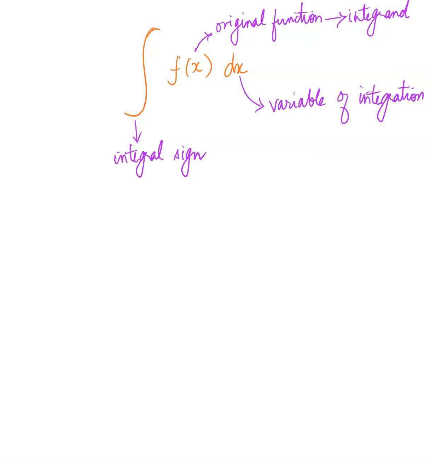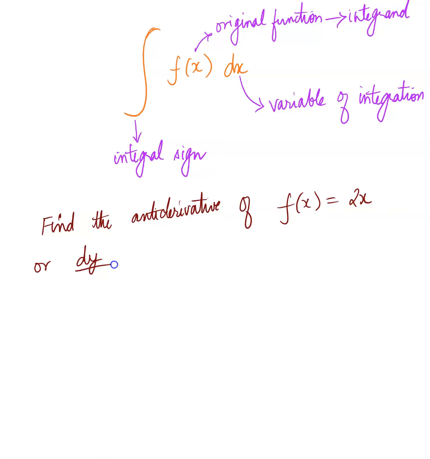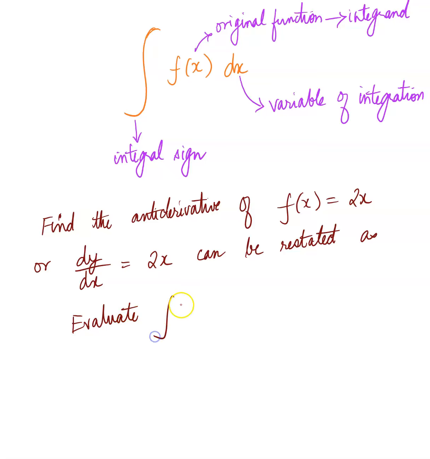Given the change in notation, a problem that reads as find the antiderivative of, say, f of x equals 2x, or that is given to you as a differential equation, dy over dx is 2x, if it came in any one of these forms, can be restated as simply evaluate the integral of 2x dx.